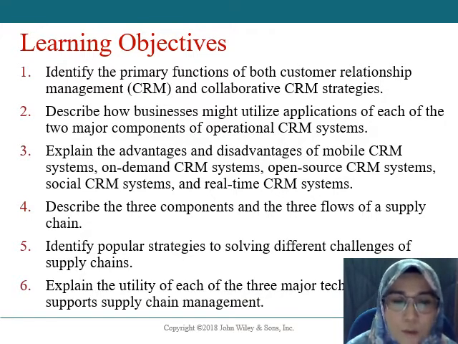You guys should also be able to describe the three components and the three flows of the supply chain management, since in this chapter we will cover customer relationship management system and also the supply chain management system.